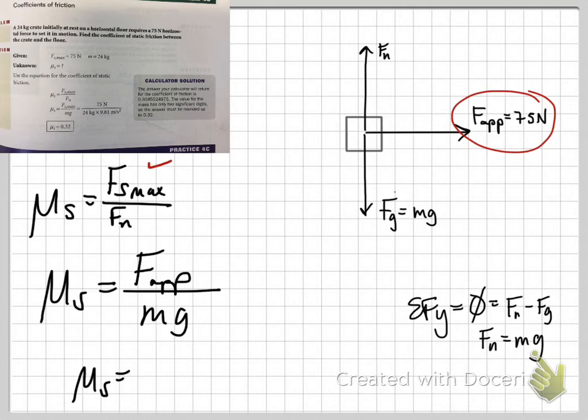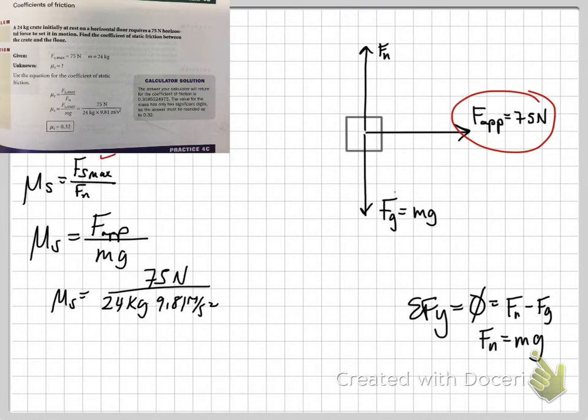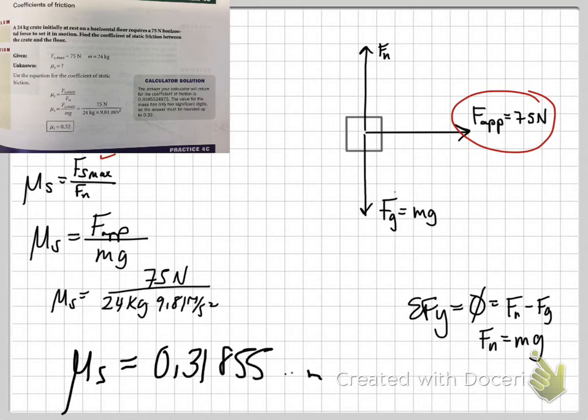So mu s will equal 75 newtons divided by 24 kilograms times 9.81 meters per second squared. What's our raw answer? Okay, we get a raw answer of mu s equals 0.31855, blah, blah, blah. What are the units here?